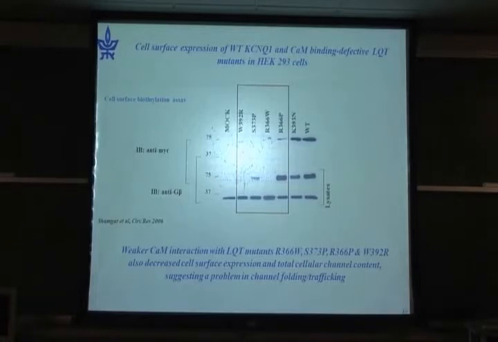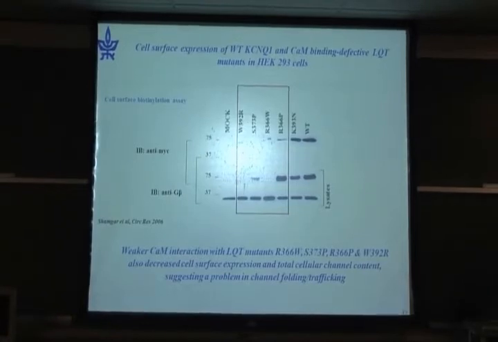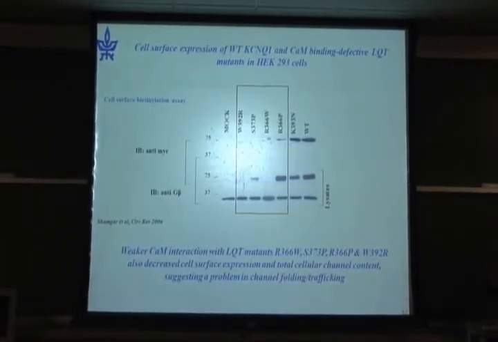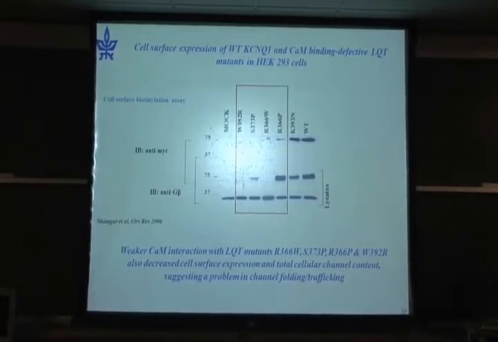To check that, we wanted to know whether these long QT mutations had a trafficking problem, using a cell surface biotinylation assay, to see whether these long QT mutants trafficked much less efficiently to the plasma membrane. Using this assay, we could compare the wild type and these long QT mutants, and you can see that all four long QT mutants are expressed much more weakly at the cell surface compared to wild type.